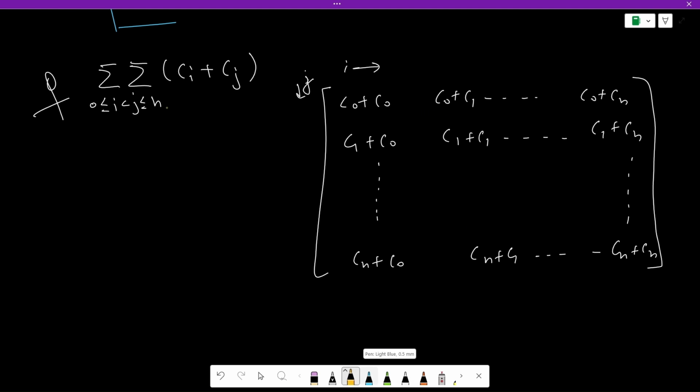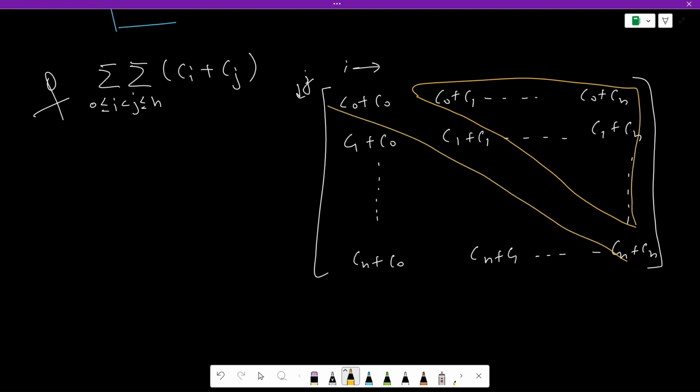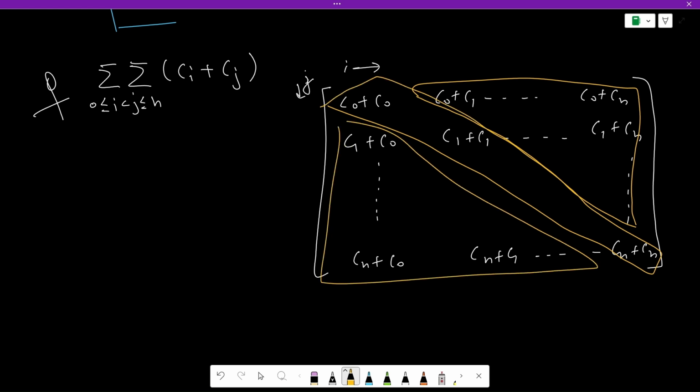Now what we need is i less than j, which is this portion, and this is the diagonal, and this is the lower triangular part, which is exactly the same as the upper triangle part. As you can see again, this is just swapped here.